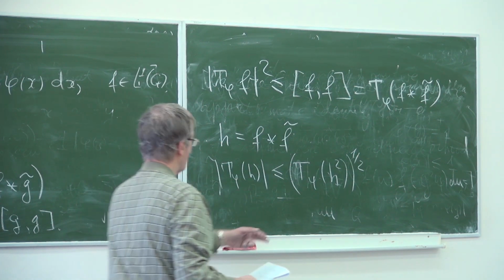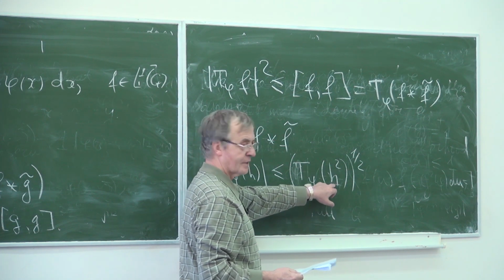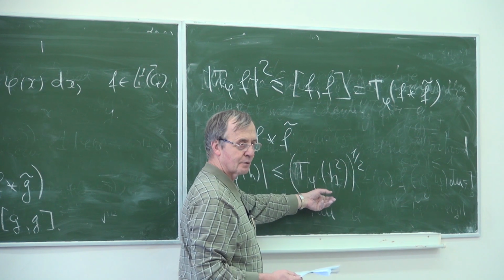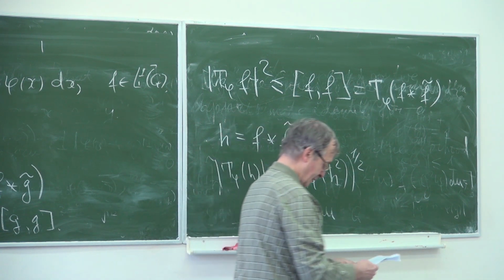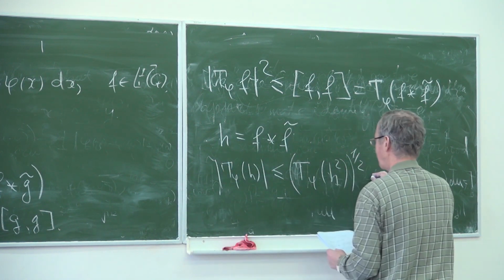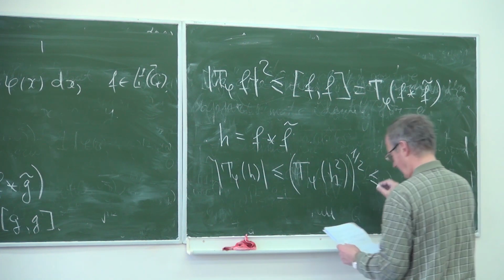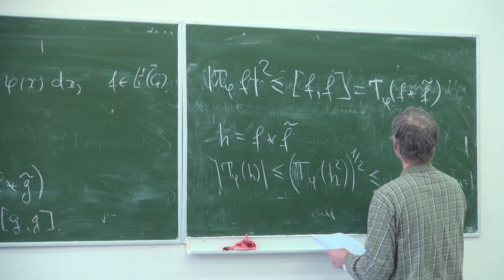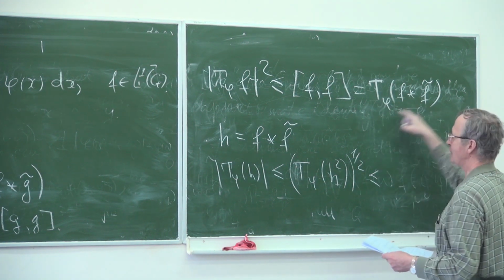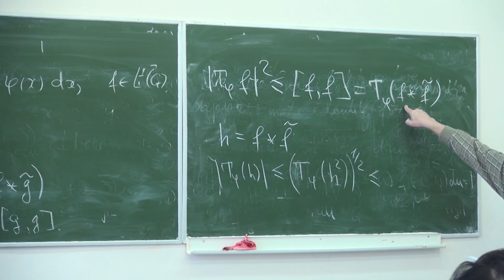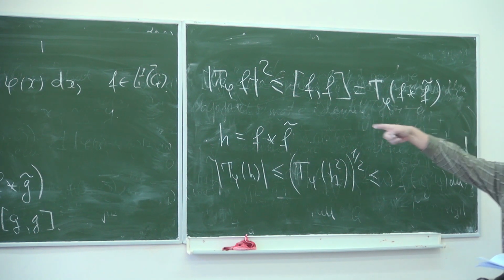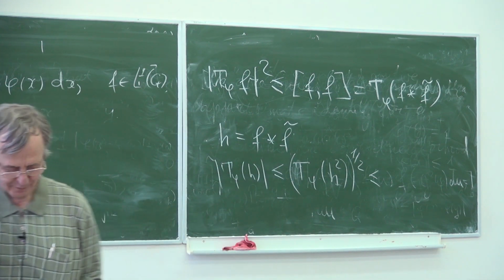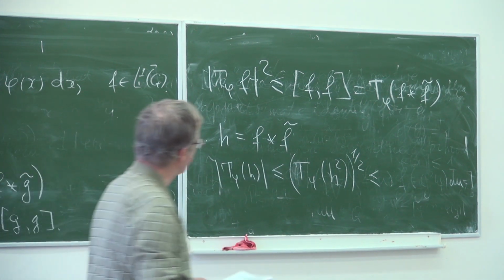In fact, I should write here the convolution of h with h tilde, but h tilde is the same as h, so I can write this thing, and I can continue. And also here it is already non-negative, because of this basic inequality which I erased which follows from positive definiteness of phi.